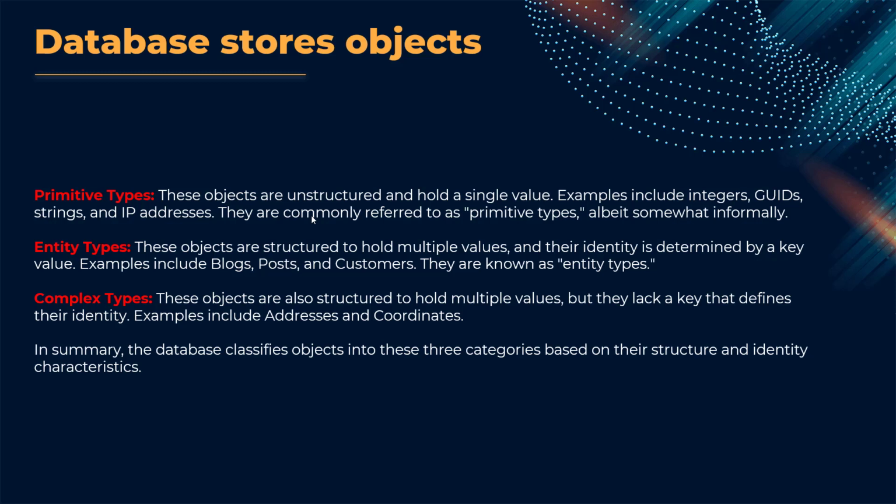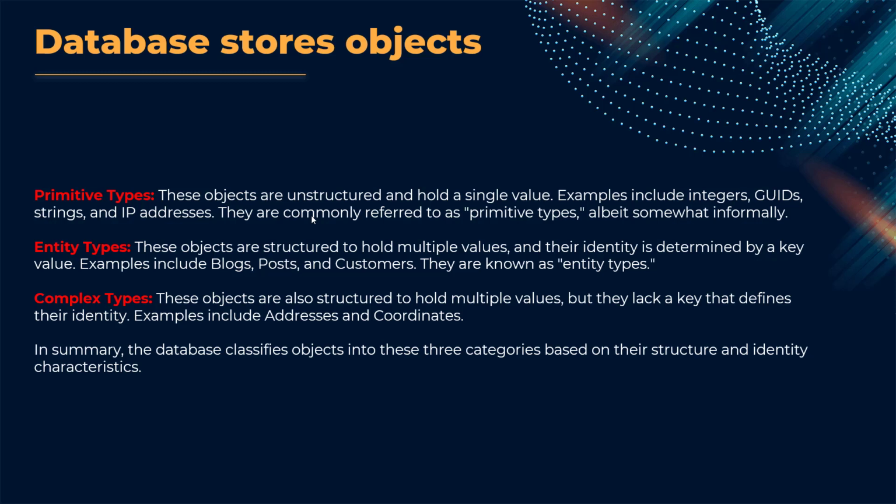And recently, complex types. A complex type is a structure that can contain multiple values, and then we can use it as a value object. Why? Because it doesn't have any ID or such things. There is no key.